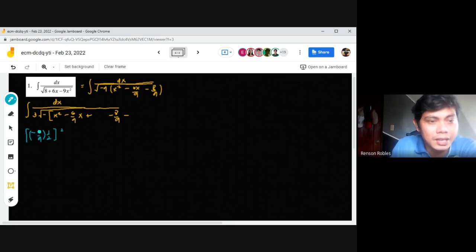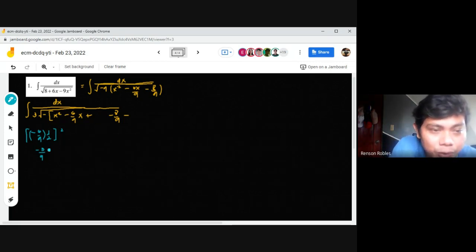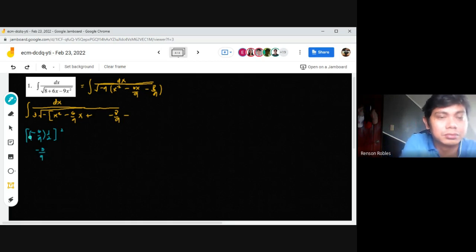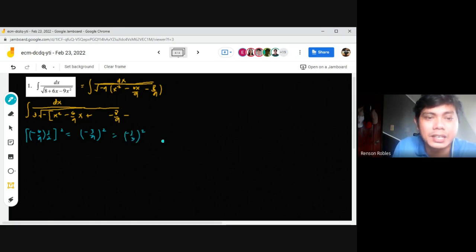Negative 6 over 9 times 1/2 is negative 3 over 9, or negative 1/3 squared.